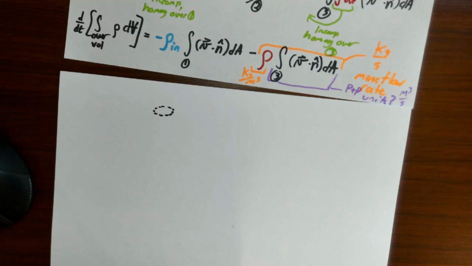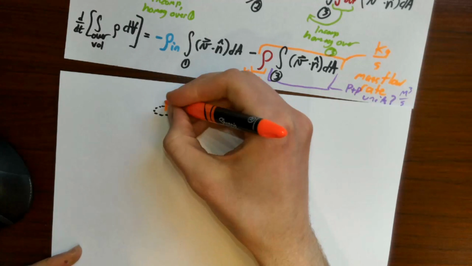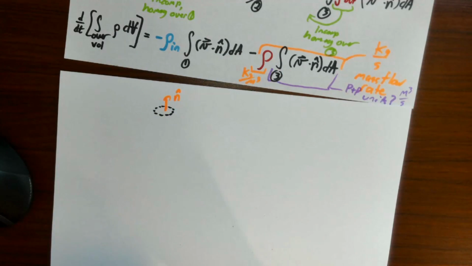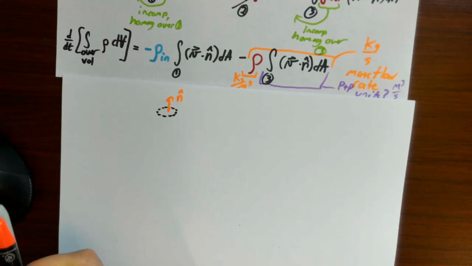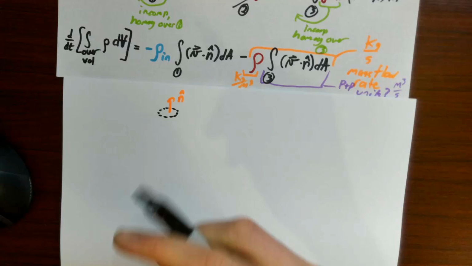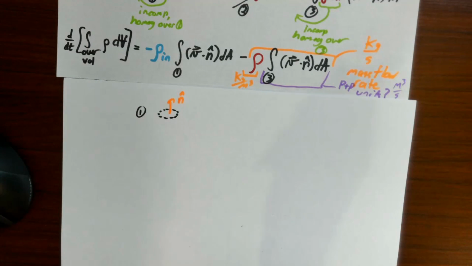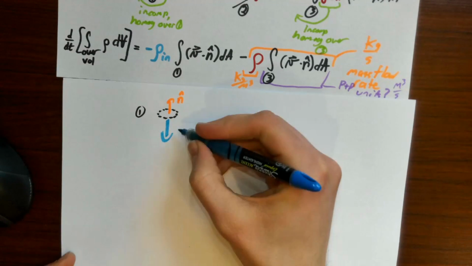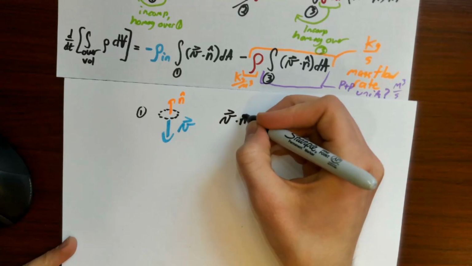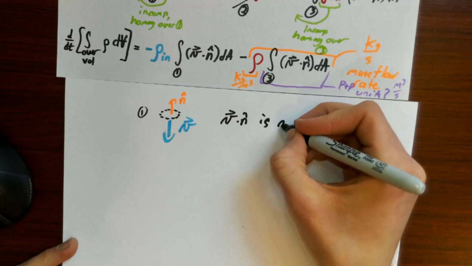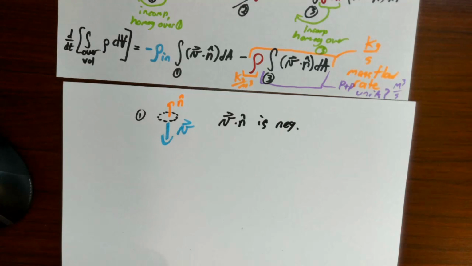If n is pointing out, and let's say the velocities for surface 1 are going in, something like this, then v dot n is going to be negative, right?